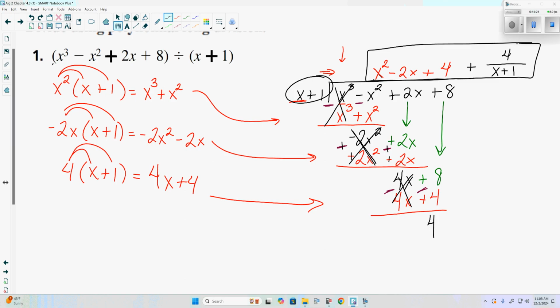It's not terrible, it's just tedious, monotonous. We're having to do the same process over and over again, yes? Synthetic division is a lot nicer.